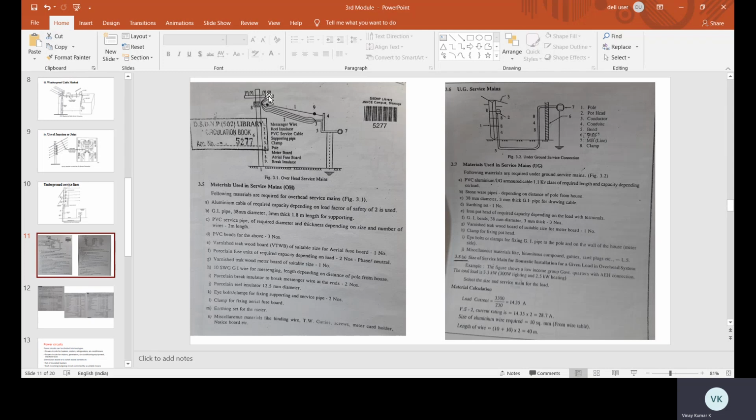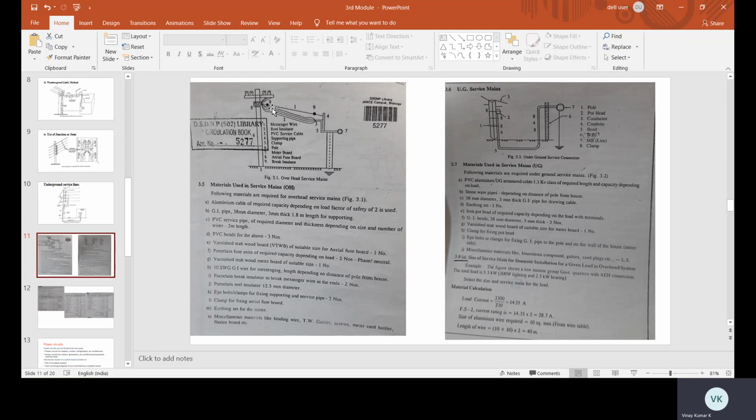If the distance between the pole and the energy meter is specified, then till the energy meter the service mains come, that is from the 11 kV distributory lines, from the pole to the energy meter, whatever lines come, those come under service lines or service mains.